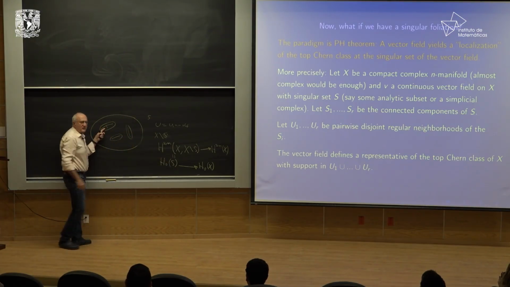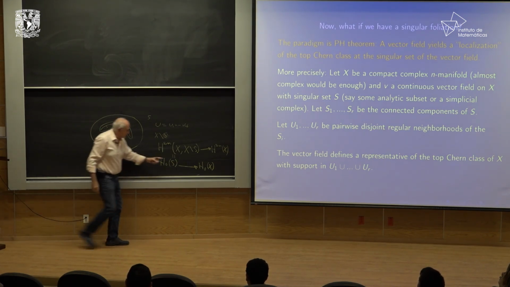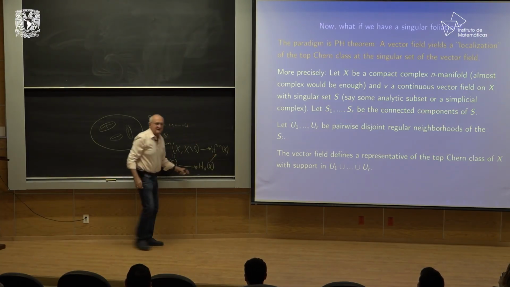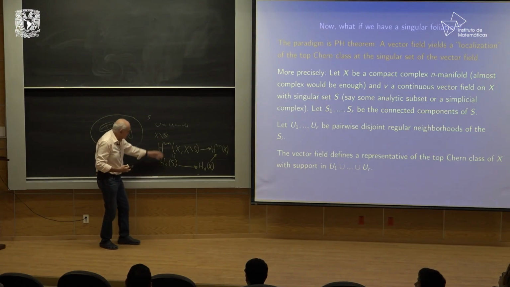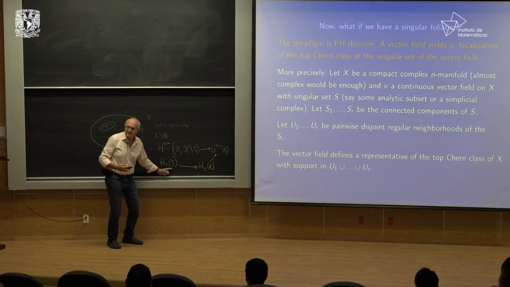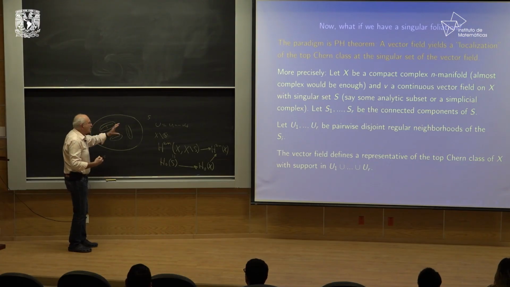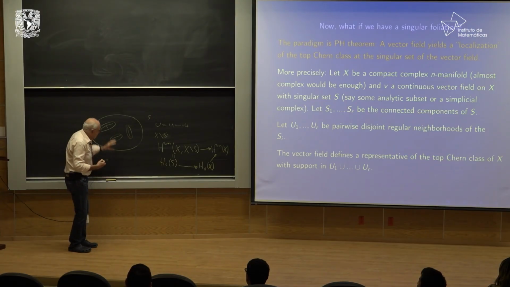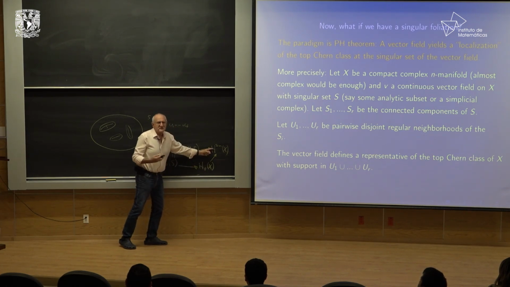So for each connected component, you have an integer. You include them here, and then Poincaré duality tells you that this is isomorphic to this. And then the theorem is that the top Chern class is the sum of these contributions at the singular set. So for each component of the singular set, we are localizing the top Chern class. And those localizations give you a homology class here, and its dual here is the Euler characteristic.